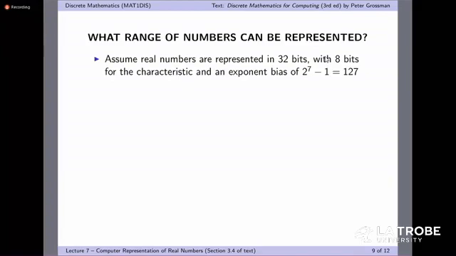So 8 bits means you can have 0, 0, 0, 0, 0, 0, 0, 0, this is the 0 number, or 1, 1, 1, 1, 1, 1, 1, 1. These are all the possible values. You agree with that, right? So this is from 0 to 255.